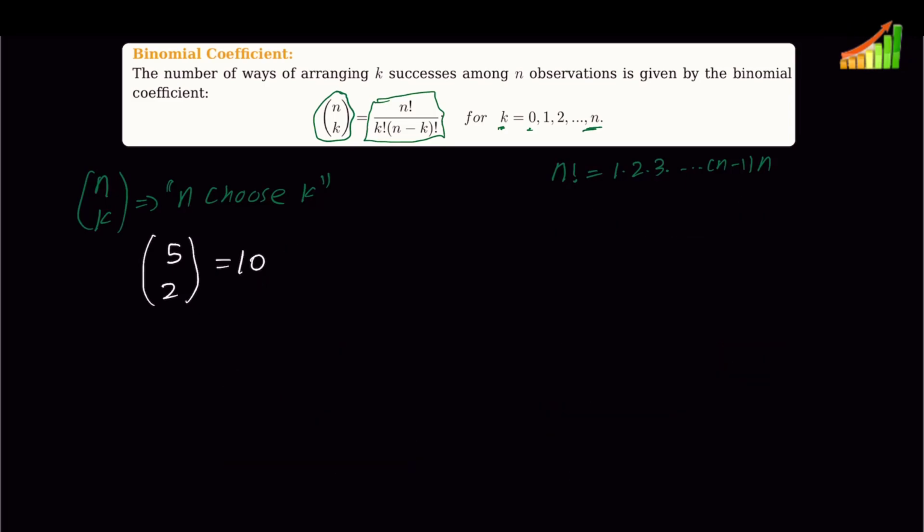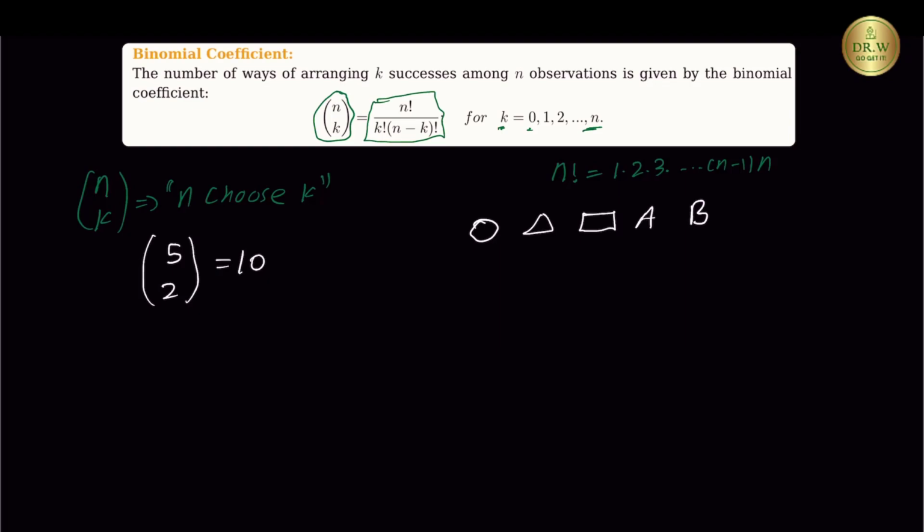Now let me explain the meaning of this. What is the meaning of 5 choose 2? Suppose you have 5 items. I say you have circle and triangle and rectangle, then A, B. Then there are 5.